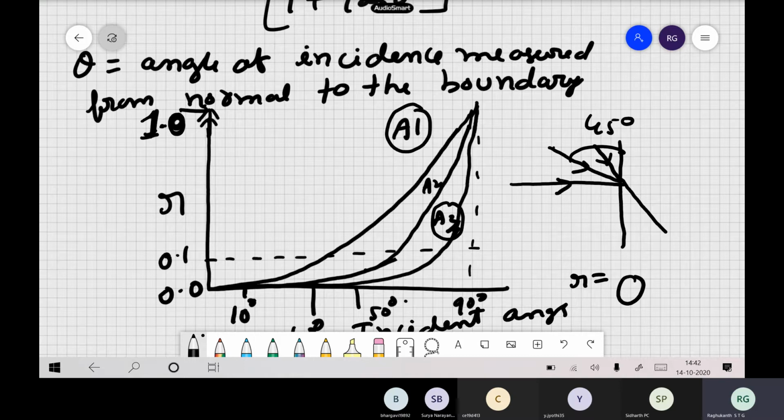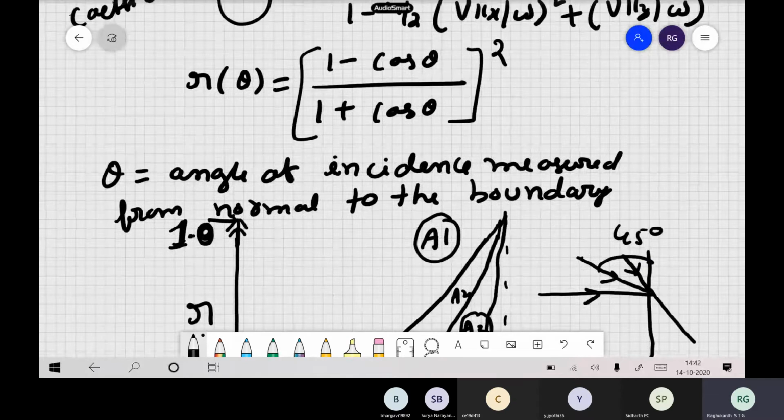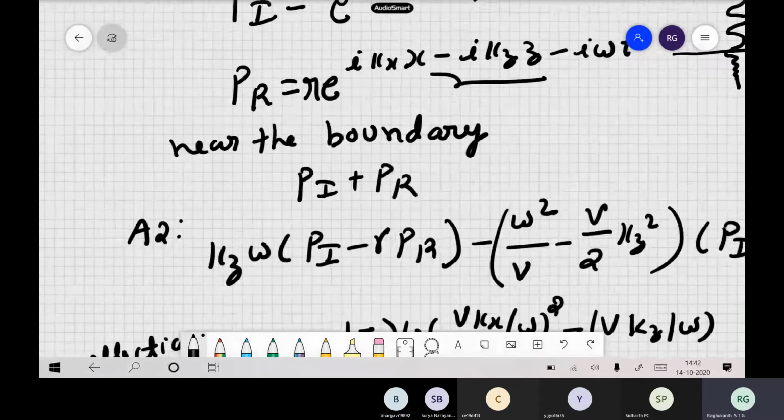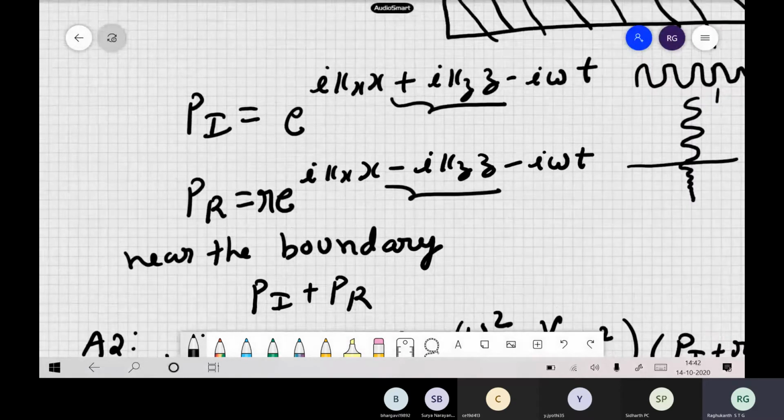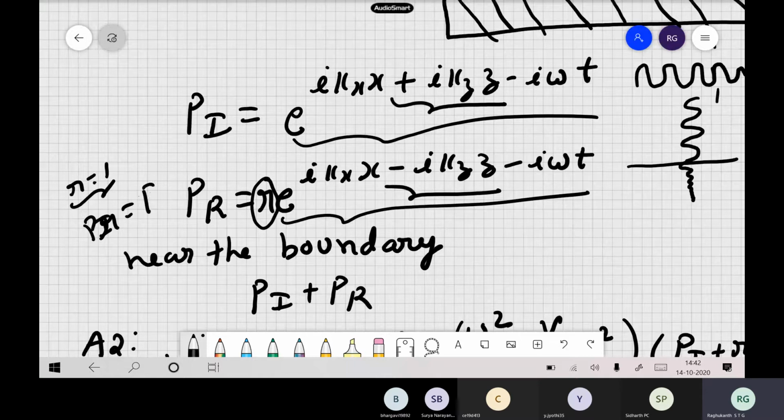So what does it mean when R is equal to 1? You can see the incident wave is Pi. Now the reflected wave is also the same plane wave, only it has an amplitude. When the angle of incidence is 90 degrees, R is becoming 1, which means PR is the same as Pi itself.